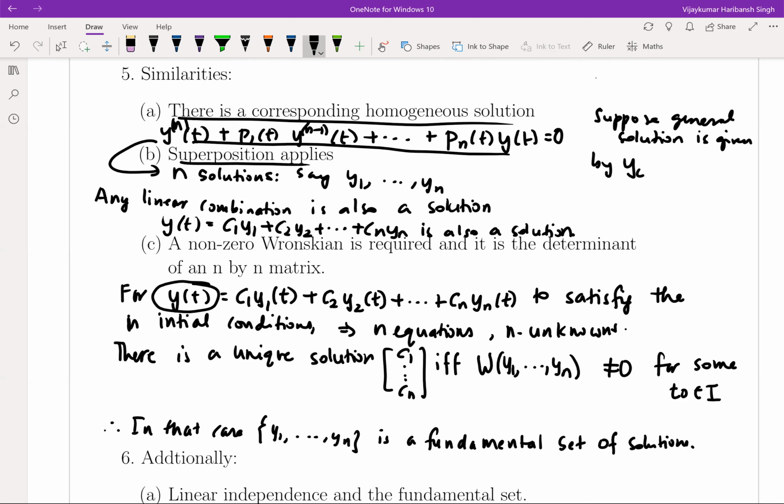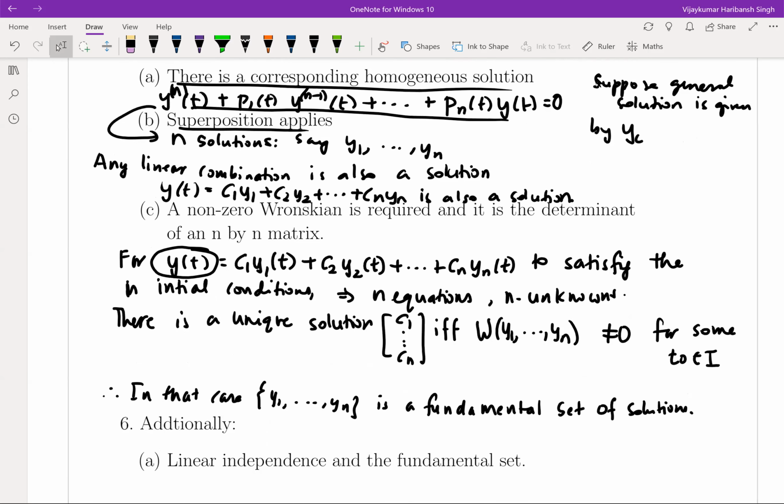So the idea is very similar. We need the Wronskian here as well to determine if the set of solutions is fundamental. Why do we need a fundamental set of solutions? Because then any solution can be written as a linear combination of this fundamental set of solutions.